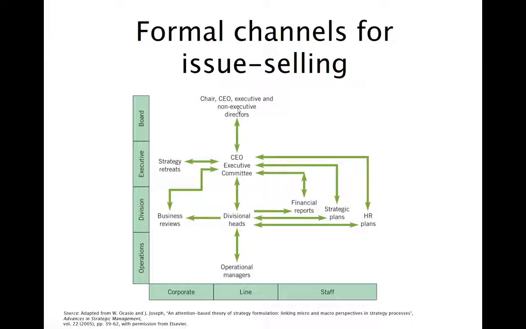We have the board, executives, CEO, executive committee, divisions, and then the different operations, the different production lines in divisions, different business units, etc. So we have a multi-layered organization with board, executives, divisions, and then product units or business units.